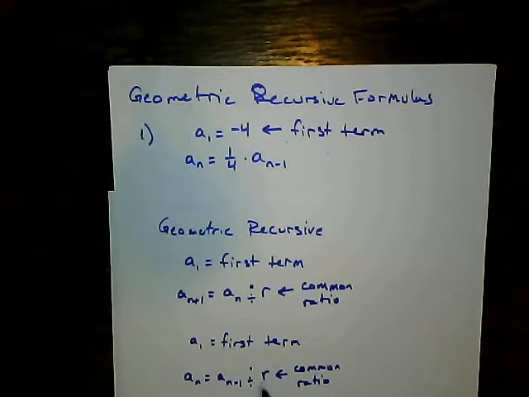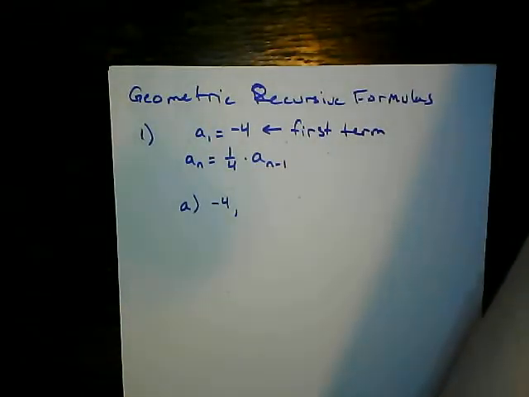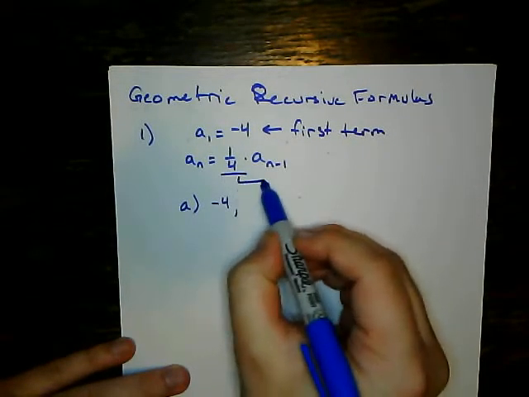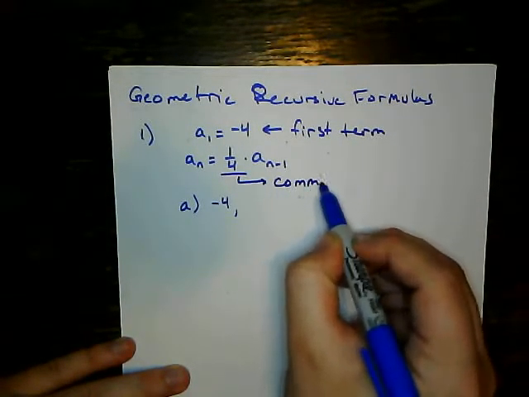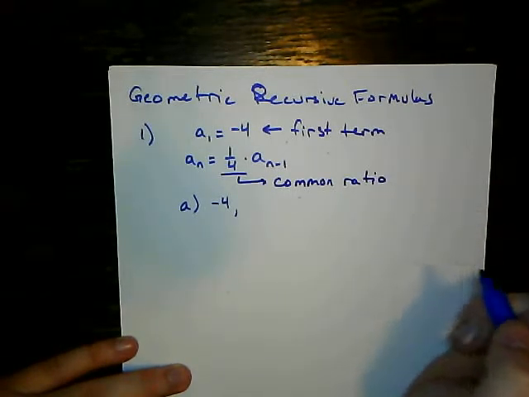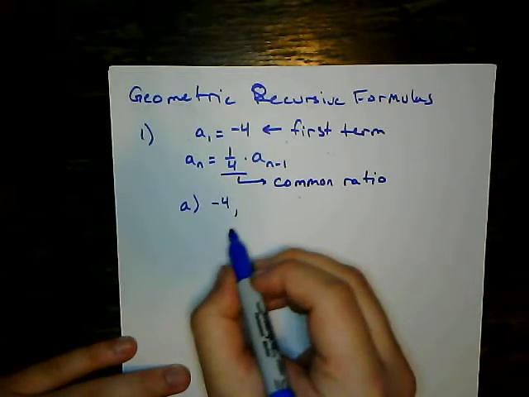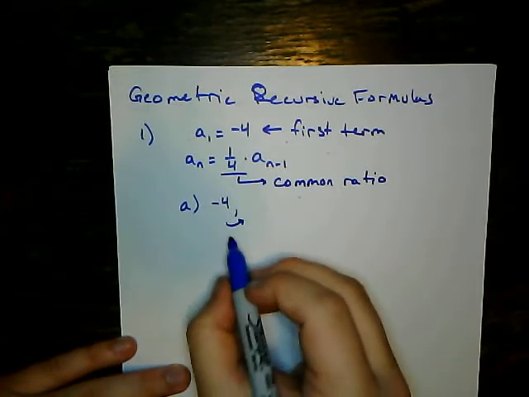However, that doesn't matter because we can switch the order that we multiply. 2 times 3 is the same as 3 times 2. So it's going to be just fine. That tells us that our pattern, I'll draw in here, that's our common ratio, will be multiplying by 1/4 each time. That's what the formula tells us.